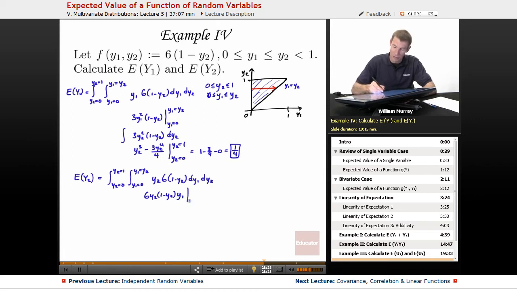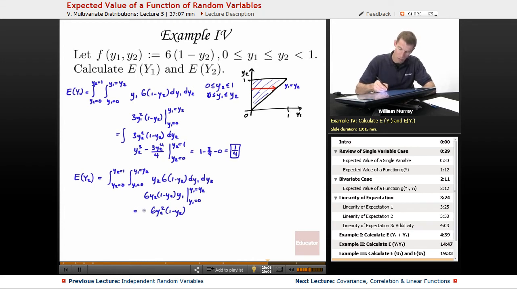And then I need to evaluate that from y1 equals 0 to y1 equals y2. And so if I plug in y1 equals y2, I'll get 6y2 squared times 1 minus y2, because there's a y2 there, and then that y1 becomes a y2 when I evaluate it. And if I plug in y1 equals 0, it just drops out. And so I have the integral.